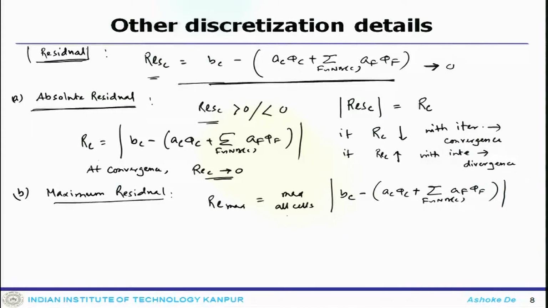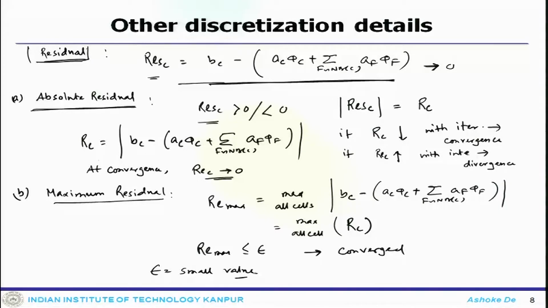So, this is essentially the max over all cells of RC. If your maximum residual, RC max, is less than or equal to some small value epsilon, then the solution must have converged. That epsilon is a small value that would be provided inside your code to check.